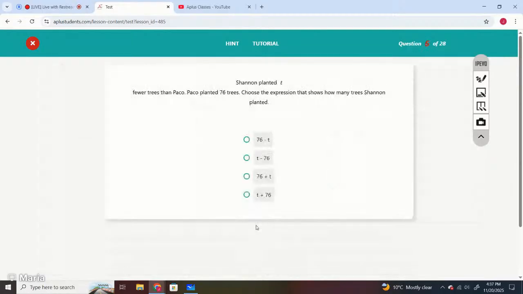Shannon planted T fewer trees than Paco. Paco planted 76 trees. Choose the expression that shows how many trees Shannon planted. So the total they planted is 76 trees, right?